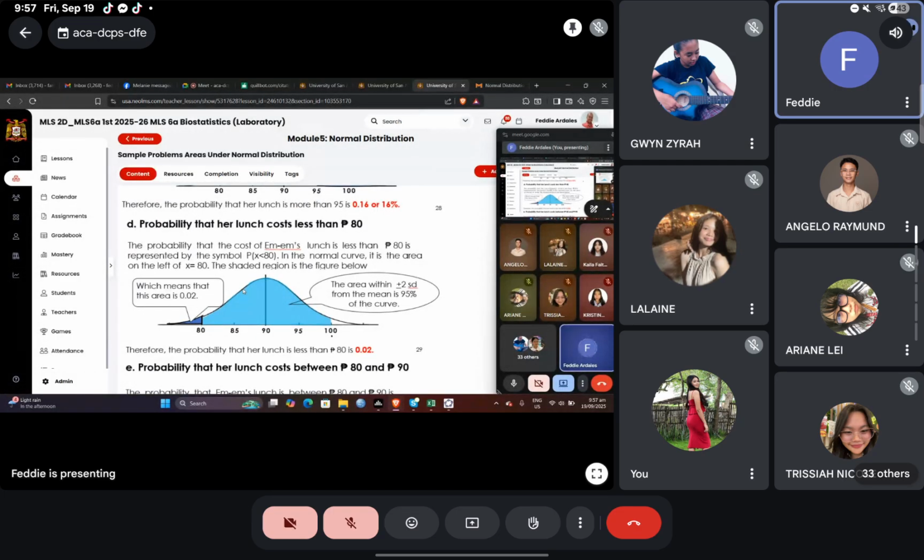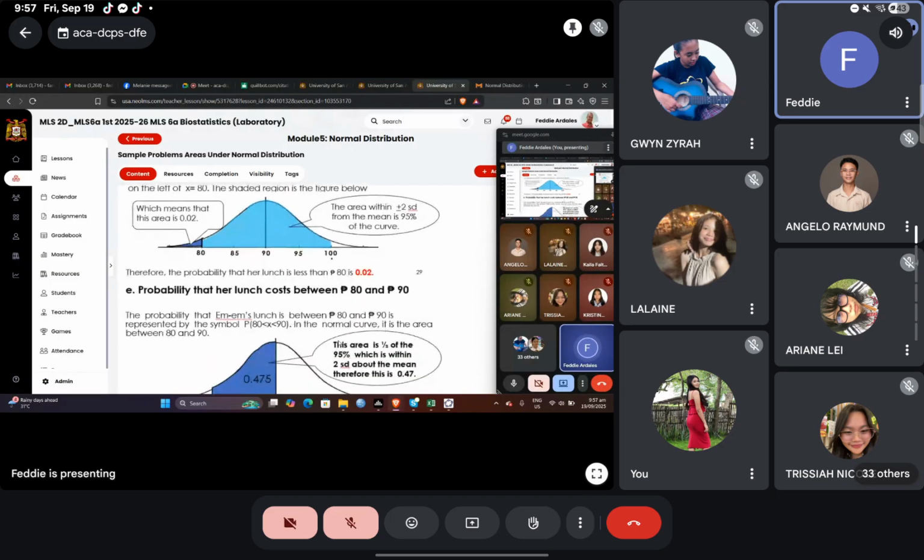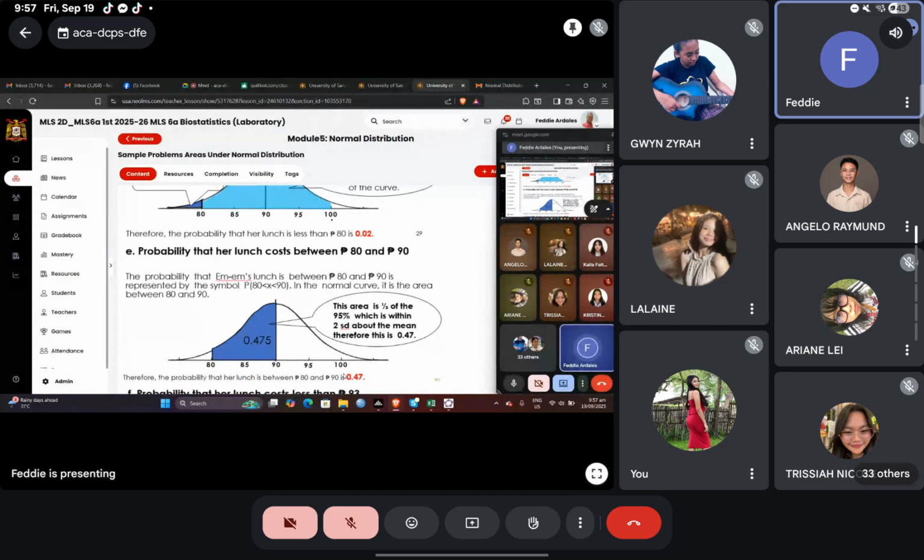And for the probability that her lands cost between 80 and 90, if you try to plot that, between 80 and 90 is actually half of two standard deviations from the mean.